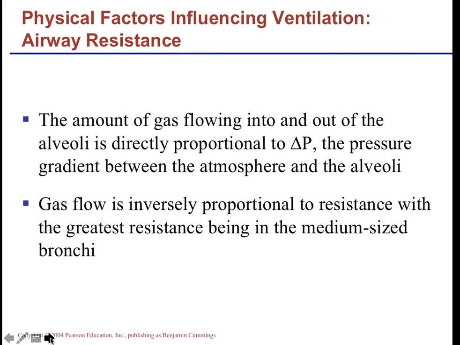All right, so this is going to be the last concept for this particular PowerPoint presentation. And this has to do with airway resistance. Airway resistance is going to be very important when you get into your COPDs, because chronic bronchitis and asthma are airway resistance problems. So what happens normally?